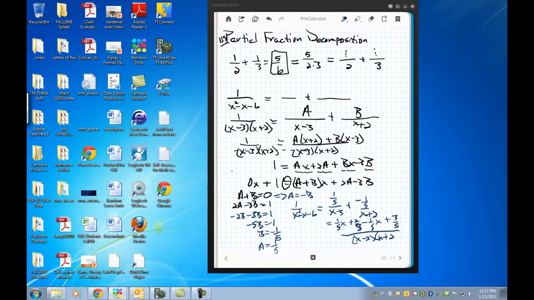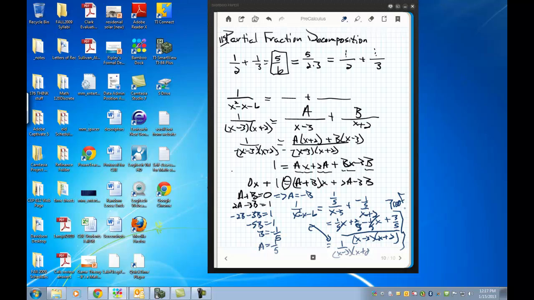Watch what happens. The 1/5 x and the negative 1/5 x go away. Last I checked, 2/5 plus 3/5 is 5/5. And I end up with 1 over x minus 3 times x plus 2, which is exactly the same as this. So consider this part to be the proof.